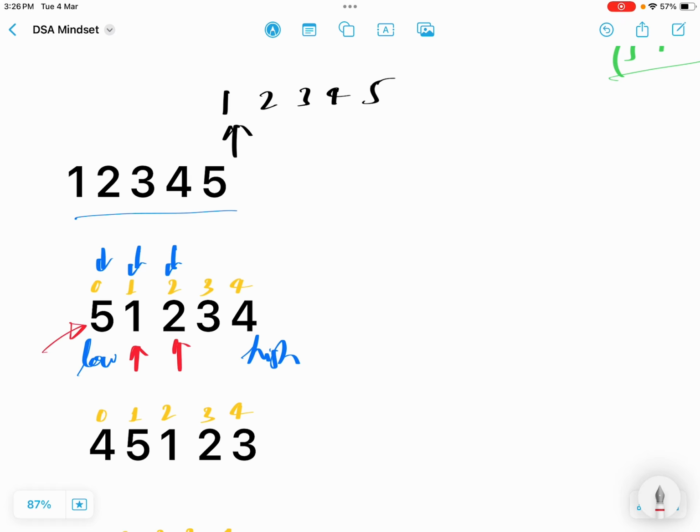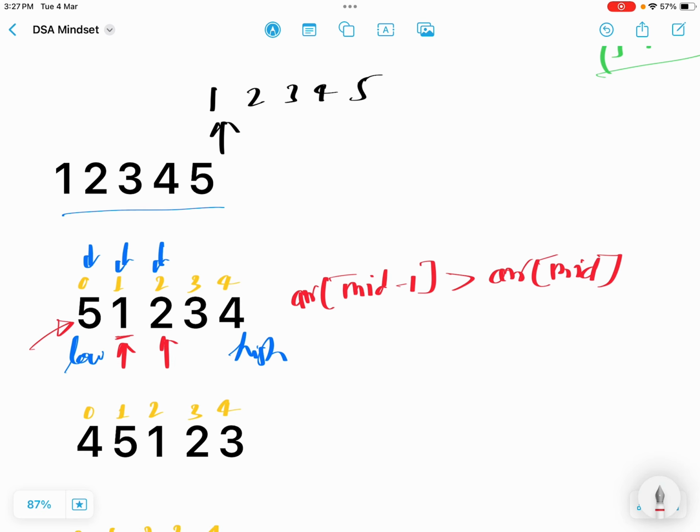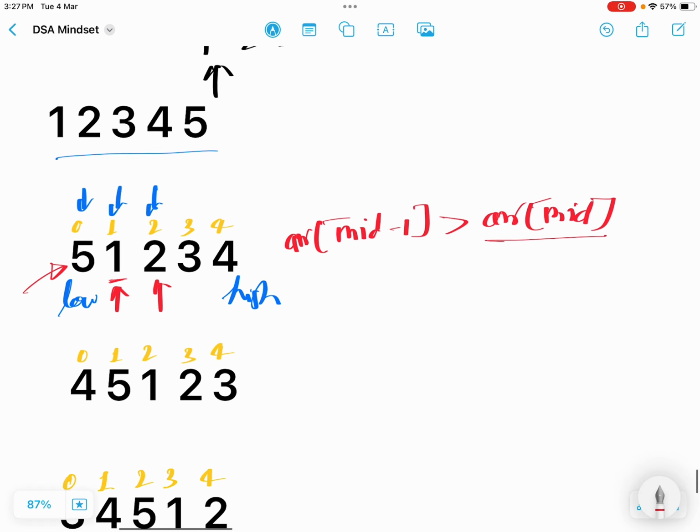Let's suppose the previous element, array at mid minus 1, is 5. If array at mid minus 1 is greater than array at mid, then I can be sure that array at mid will be the minimum. Why? Because this is sorted. So that's one of the possibilities where we can be sure this will be the minimum. And there can be another possibility.